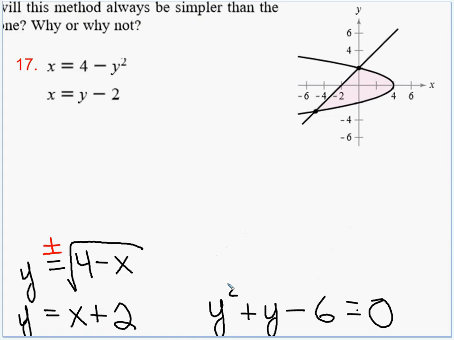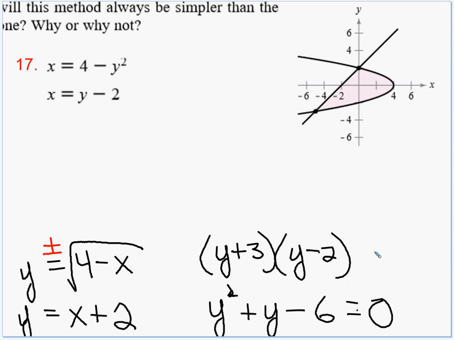And if we factor that, we're going to get a y plus 3 and a y minus 2. So we do get our y values of negative 3 and positive 2. So here's our positive 2, here's our negative 3. That did make sense. And then we could go back and figure out the x values that go with them.